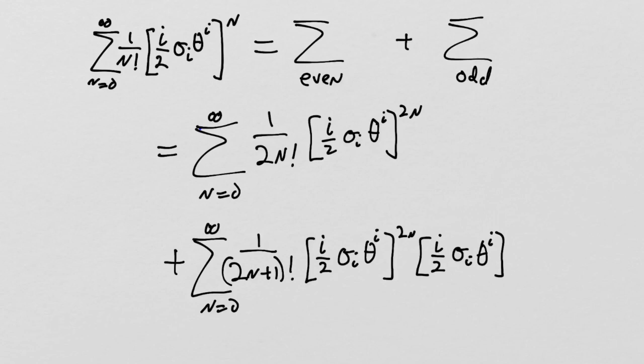Okay, so then what do we do? Well, I squared is -1. So we have -1 to the n here. Let me go ahead and take that out, and I will put that here as -1 to the n.